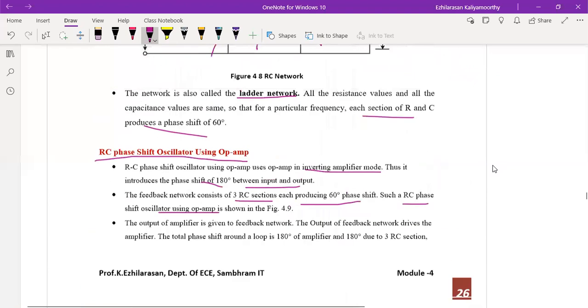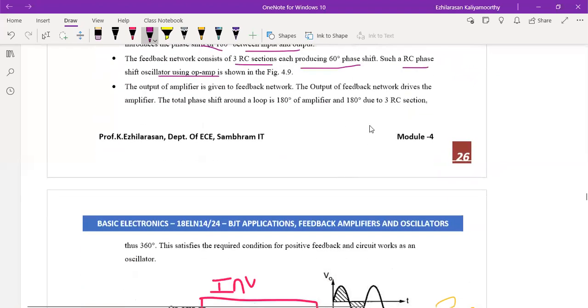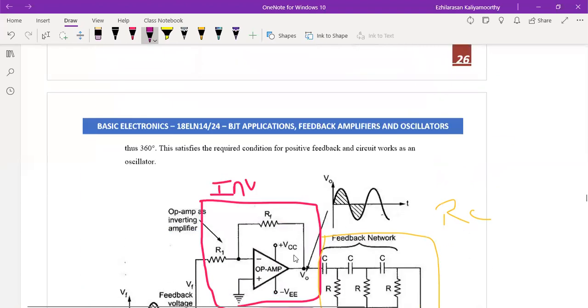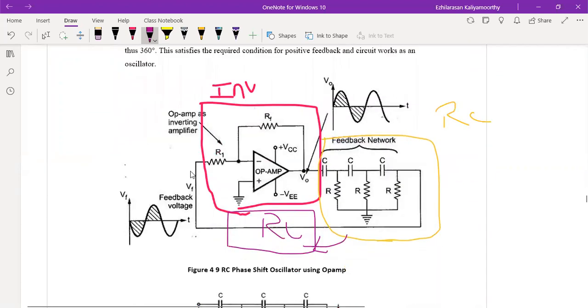So now what will you do? We are connected so that the output of the feedback network will drive the amplifier. See the input R1, I have not given any input. The output of the feedback network is connected to the inverting terminal input, and the output of the amplifier stage is connected to the input of the feedback network.